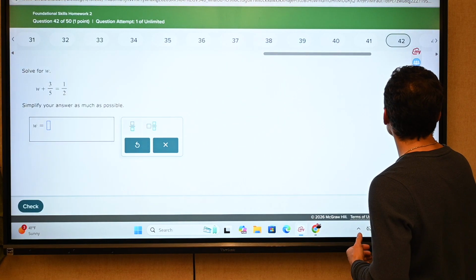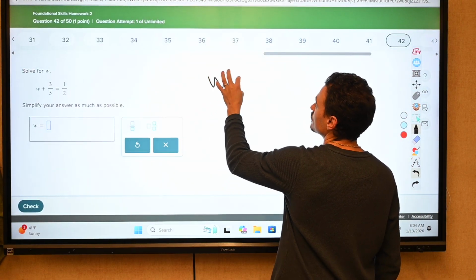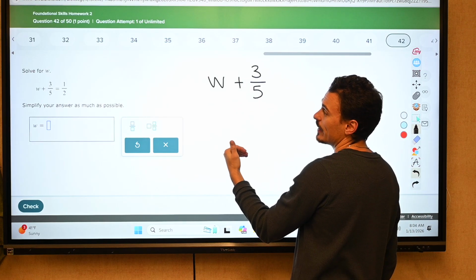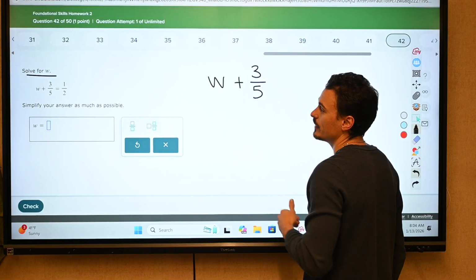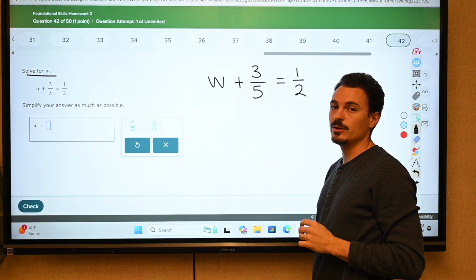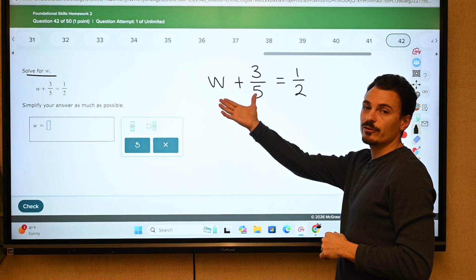Now we're taking an equation. Our desired variable is W, and we want to figure out what value W is. Judging from the question, most likely our W will be a fraction.